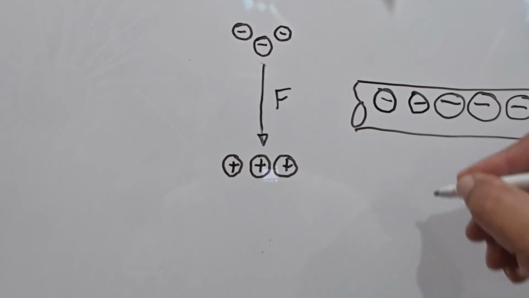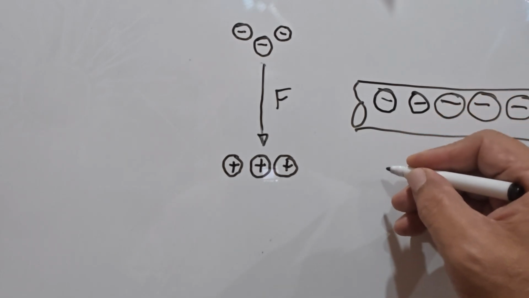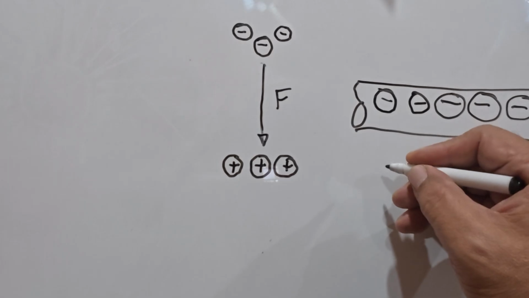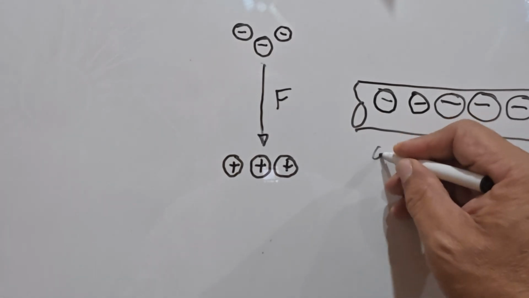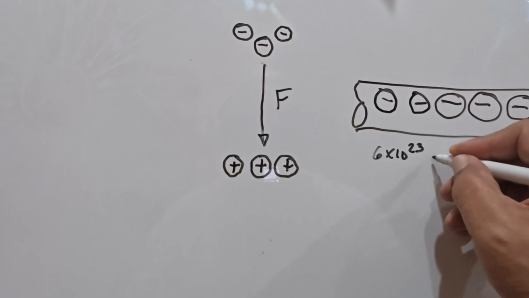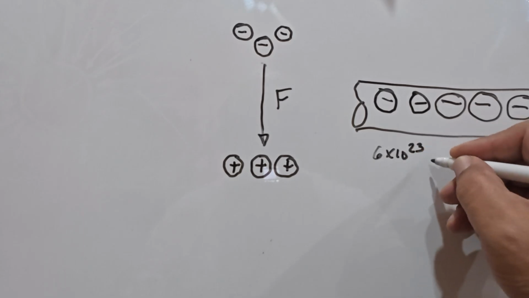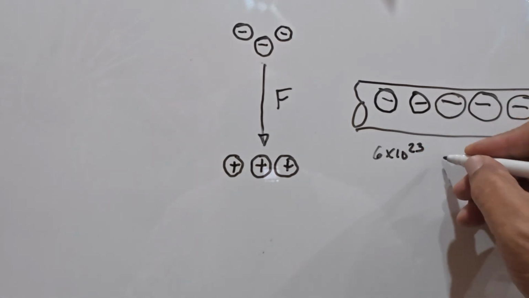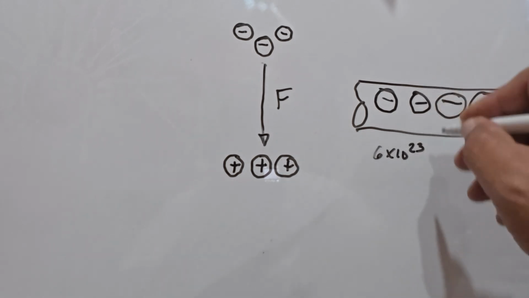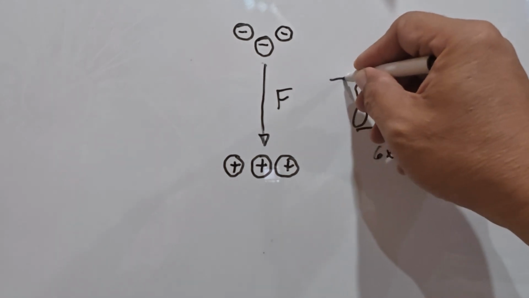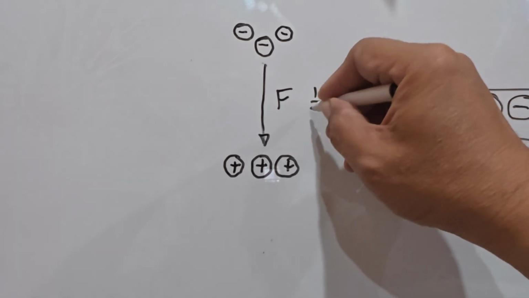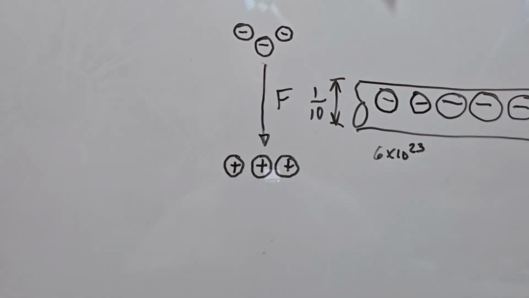For example, just a 12 gauge wire, which is roughly 1/10 of an inch in diameter, contains 6 times 10 to the 23 atoms, which means that you have on the outermost shell these 6 times 10 to the 23 electrons, just in a piece of wire that's only 1/10 of an inch thick in diameter.